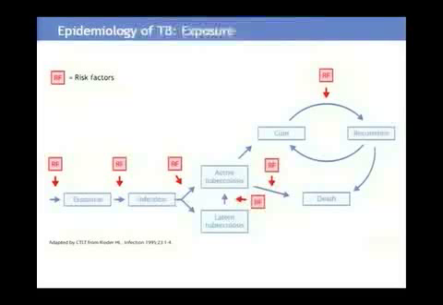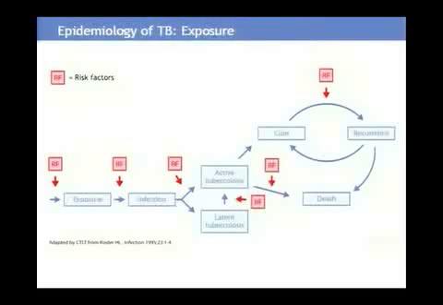At some point in time after that, they progress to active disease. Some of them will progress directly to active tuberculosis, and this is what we refer to as primary tuberculosis. Others will remain in the latent tuberculosis stage for a prolonged period of time, and then eventually progress to active TB.